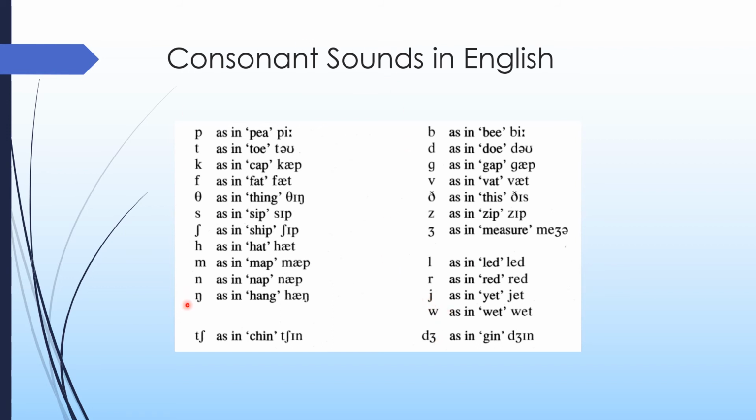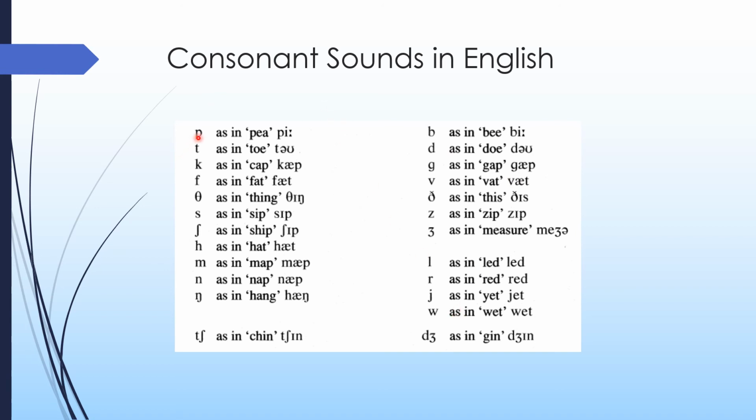So these are 24 sounds, 12 and 12. Though there are other sounds in different varieties of the English language, for example the Welsh variation, and in other variants there are some other sounds as well, but these are the basic sounds. These 24 sounds are referred to as consonant sounds.